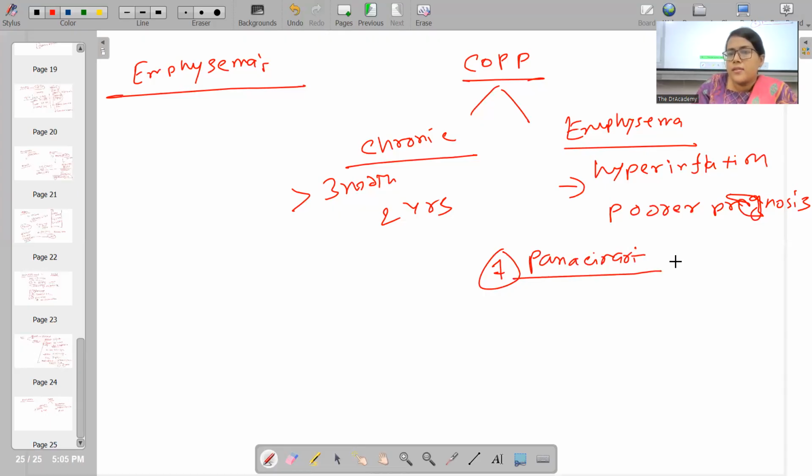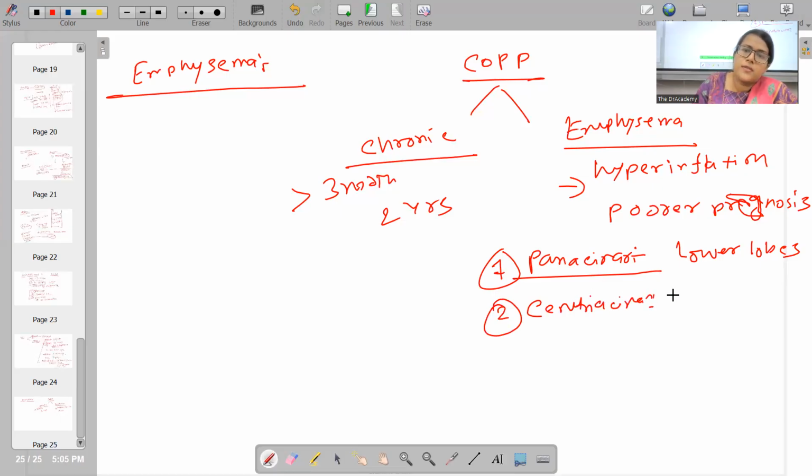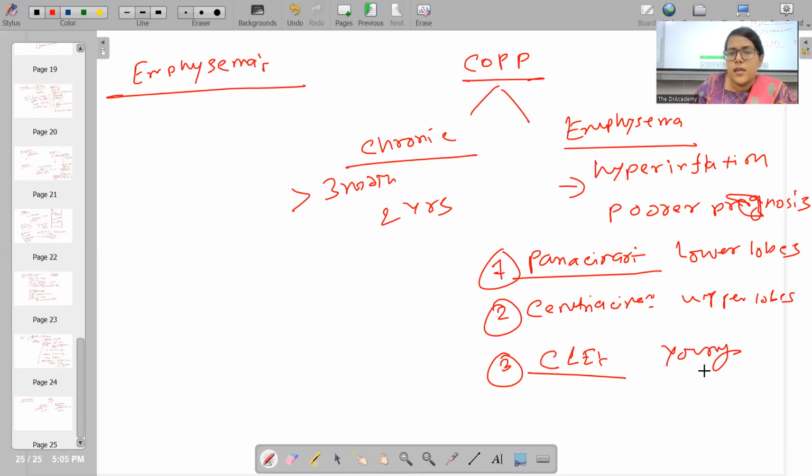Just remember that panacinar particularly involves the lower lobes. Number 2 is centriacinar. This particularly involves the upper lobes. There is a congenital variety known as congenital lobar emphysema or CLE. This is more predominantly seen among young individuals. And number 4 is paraseptal.